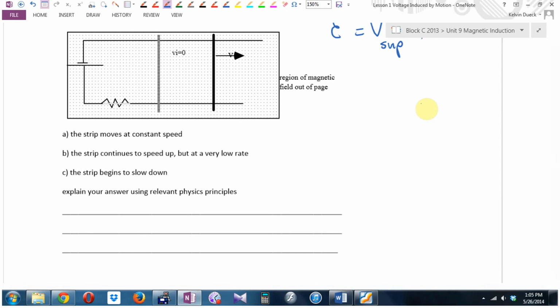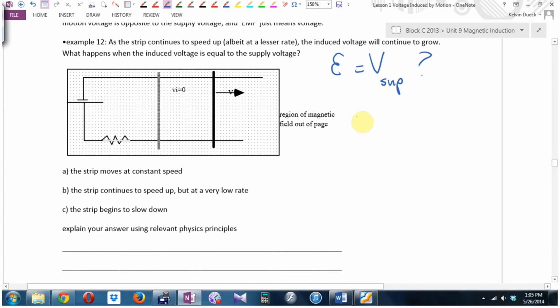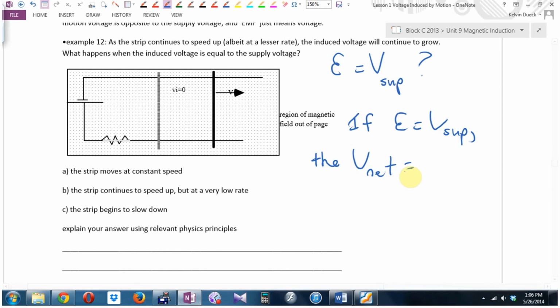Well, what's my net voltage if my induced and my source are the same? So what's my current?